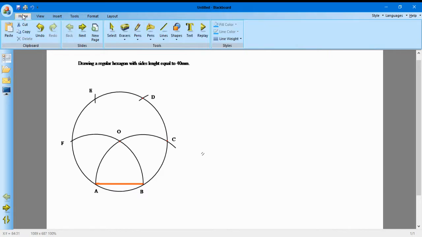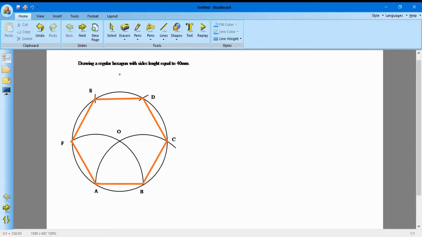In my case, I will only be joining the points using my ruler: B to C, C to D, D to E, E to F, and lastly F to A. Alright, so that is what we can say, it's a hexagon with regular sides equal to 40.